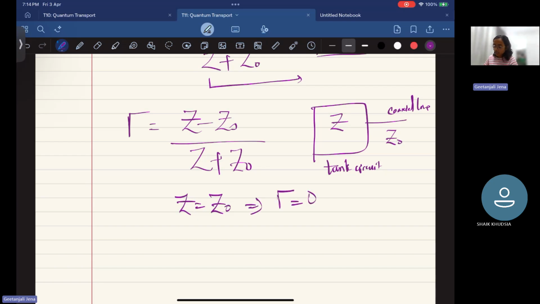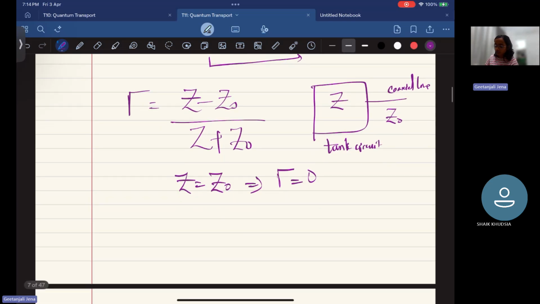Now let us say in the tank circuit you change the impedance. You can recall Z is given by L by CRD at the resonance. Now you are changing either L, or C, or RD, so that this perfect impedance matching condition is changed. What will happen?